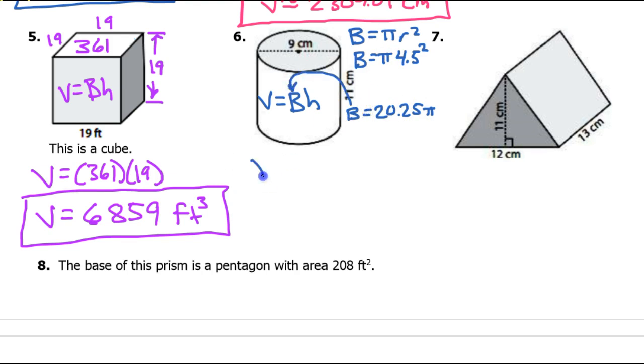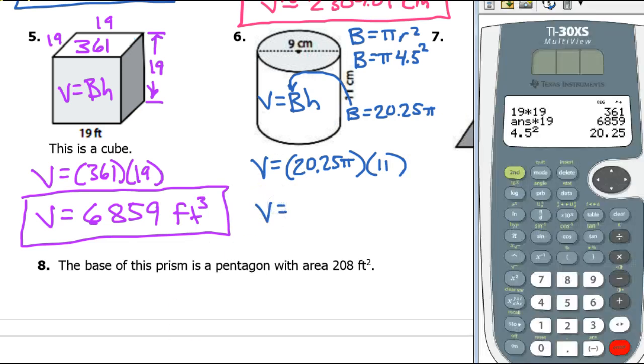So that's going to give me the volume is going to equal the area of the base, so 20.25 pi times the height, and the height is 11. So I've already got the 20.25. You know what, I'm going to type it in again because of the pi.